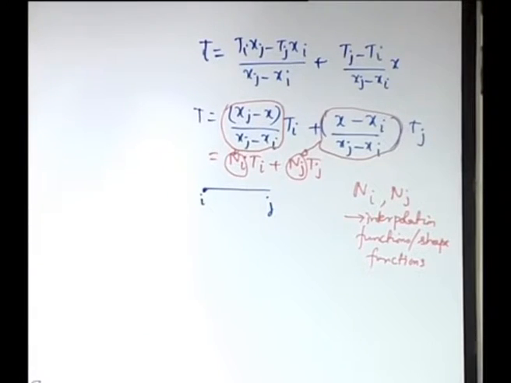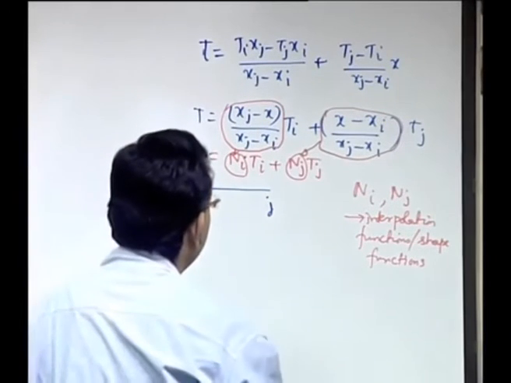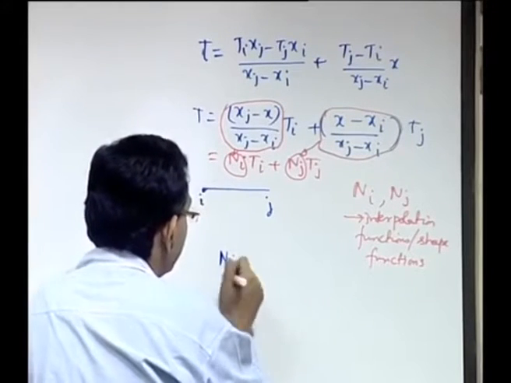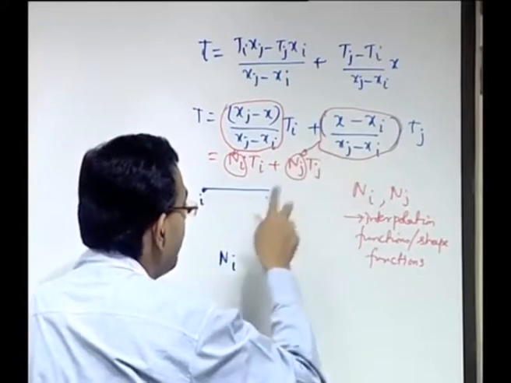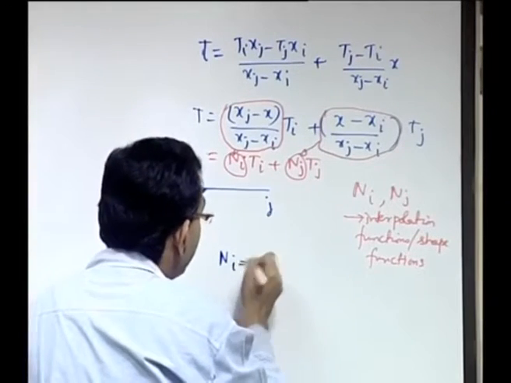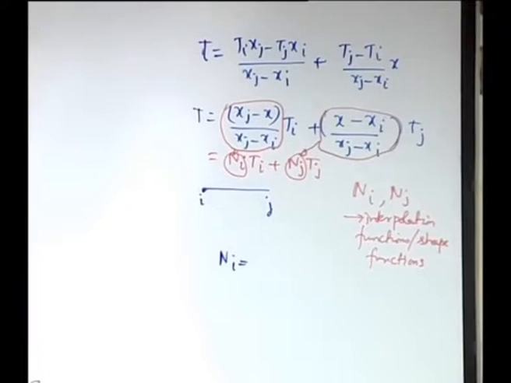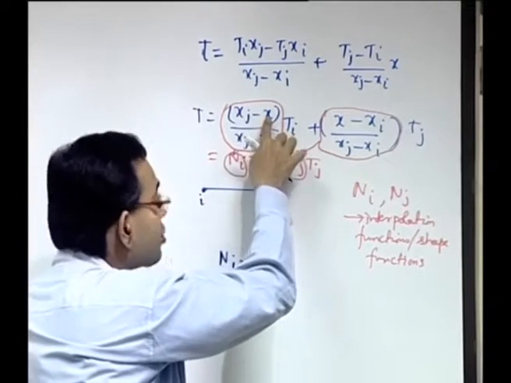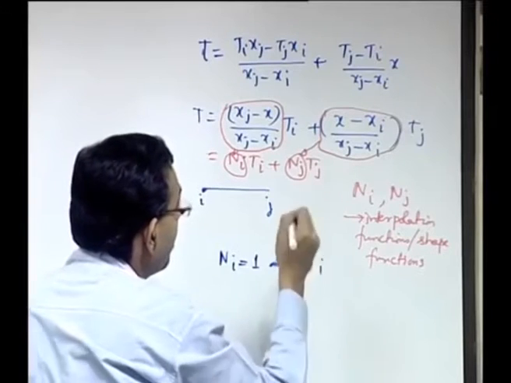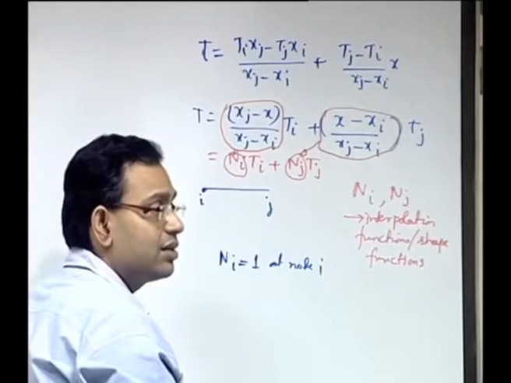Interestingly, you can see one very important property of these shape functions. What is the property? What is the value of Ni? See, these functions are defined at discrete points i and j. Ni equal to what at node i? At node i x equal to xi. So, Ni equal to 1 at node i, and what is it at node j?